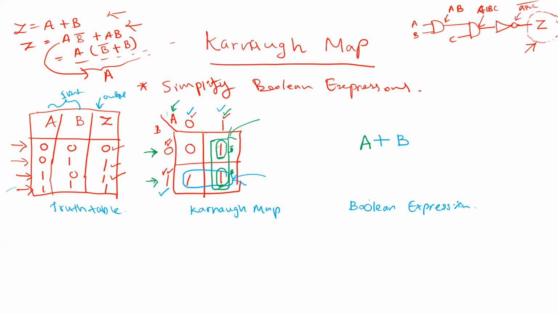Right? What we did was we created a Karnaugh map and then we generated the Boolean expression. Okay. We generated the Boolean expression from this Karnaugh map. That is what we did. If something is unclear, tell me.